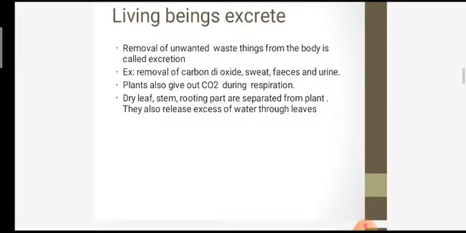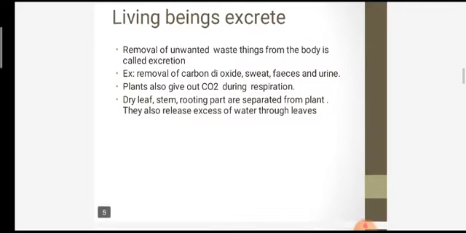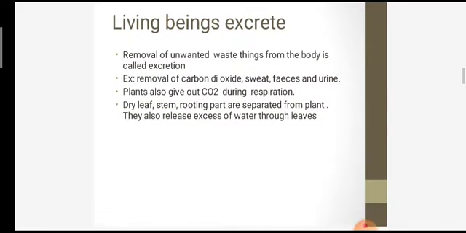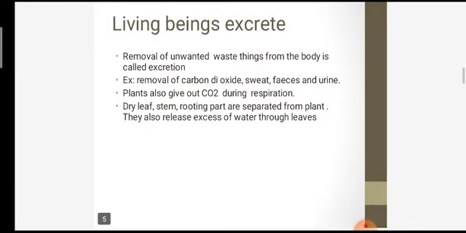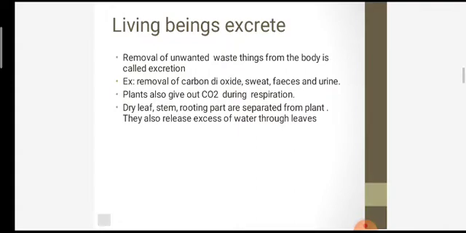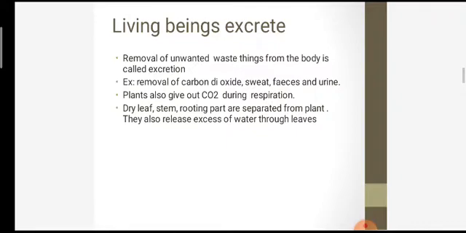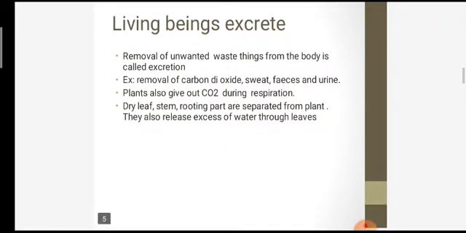What do they release? Water. In the morning during the winter season, on the grass, you have seen some water droplets. Have you seen in the morning on the grass water droplets? That is the releasing of water through the leaves.